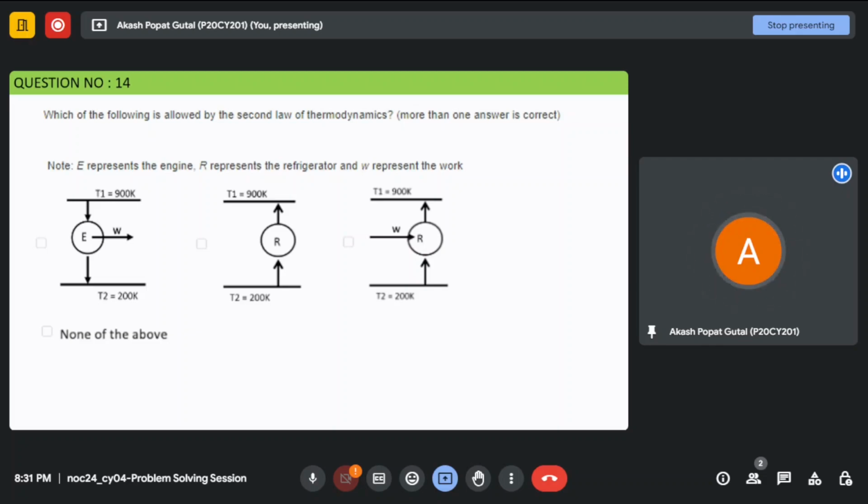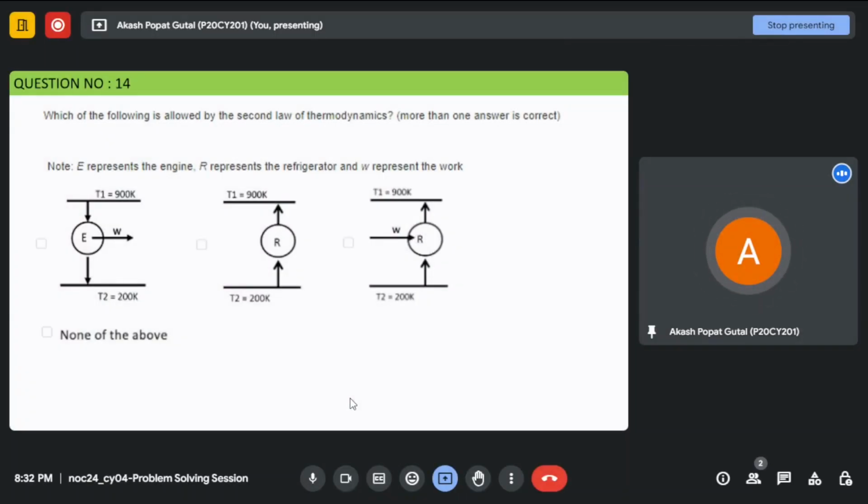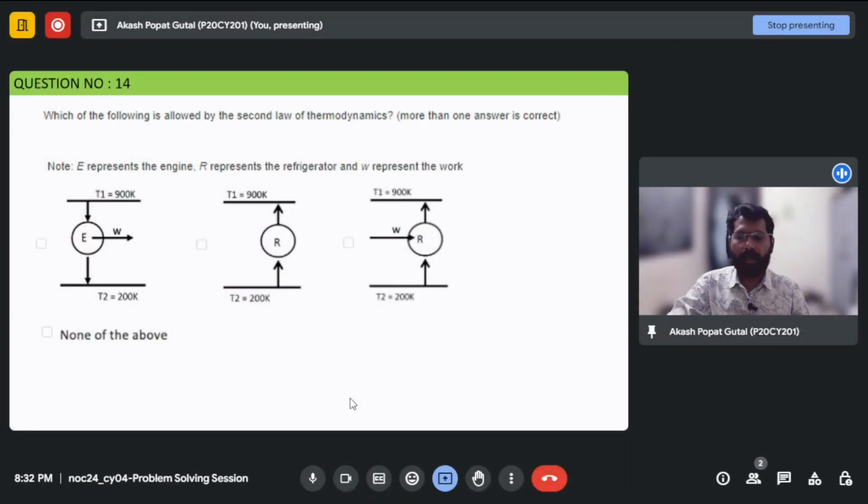So the next question is: which of the following is allowed by the second law of thermodynamics? More than one answer is correct. Notice E represents the engine, R represents the refrigerator, and W represents the work.